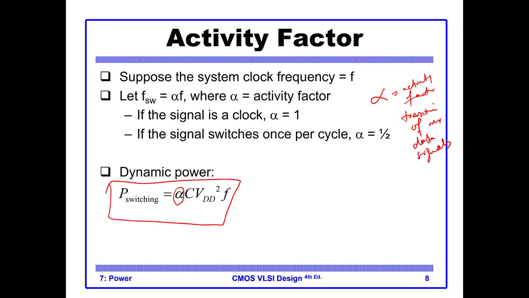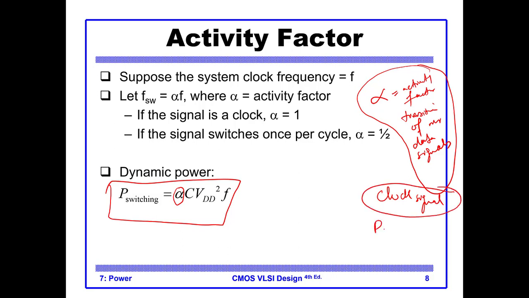One is the clock signal, which is our reference signal, and then we have a lot of data signals in our circuits. Alpha is related to the data signals.